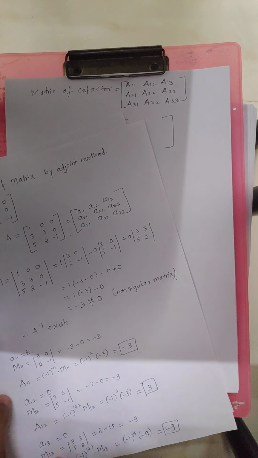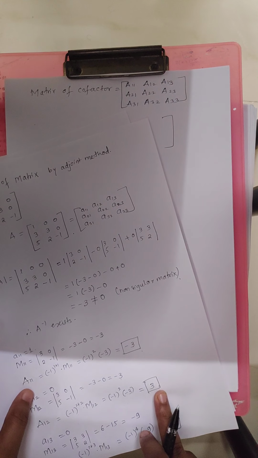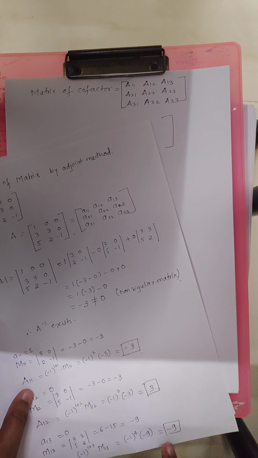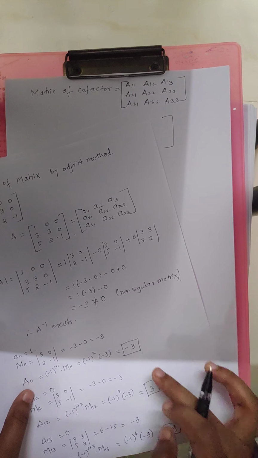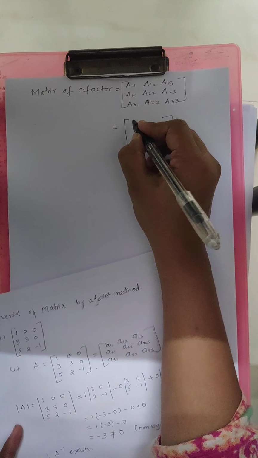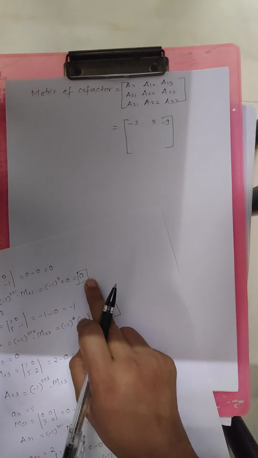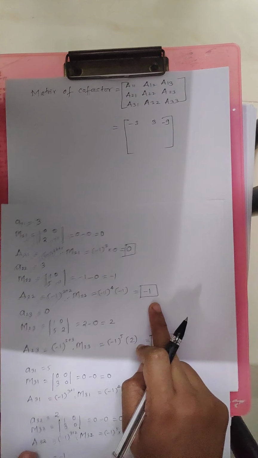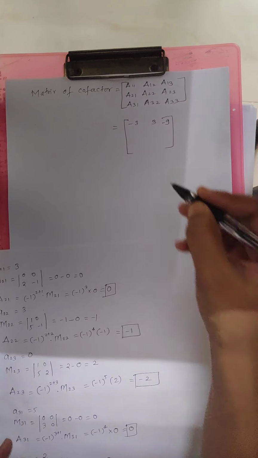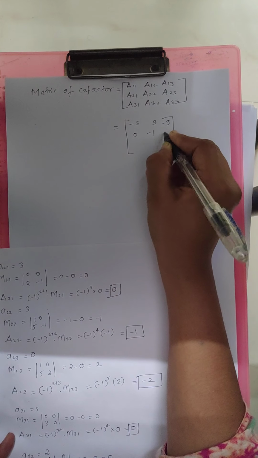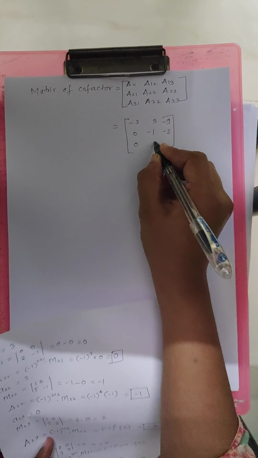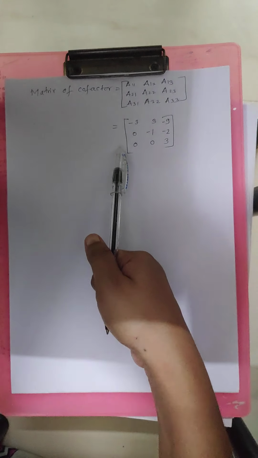So first, capital A11 is minus 3, capital A12 is 3, capital A13 is minus 9. So minus 3, 3, minus 9. Now next, capital A21 is 0, A22 is minus 1, A23 is minus 2. So 0, minus 1, minus 2. Next, 0, 0, 3. This is the matrix of cofactors.